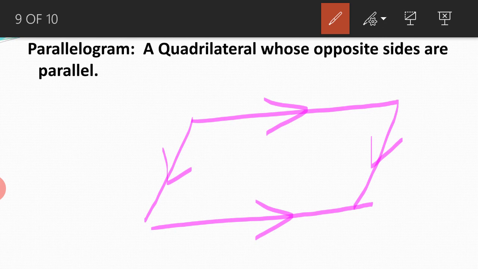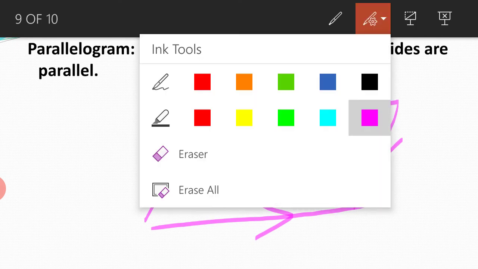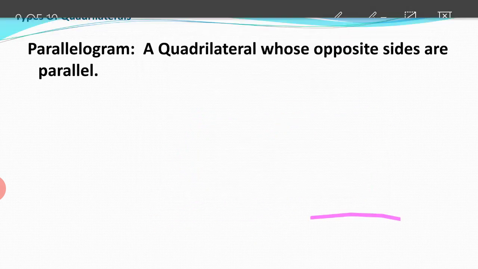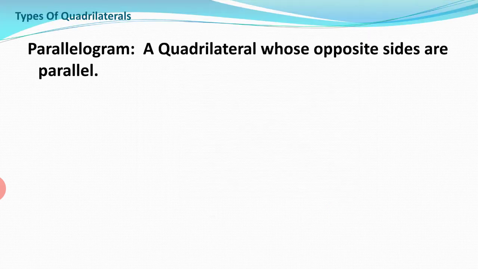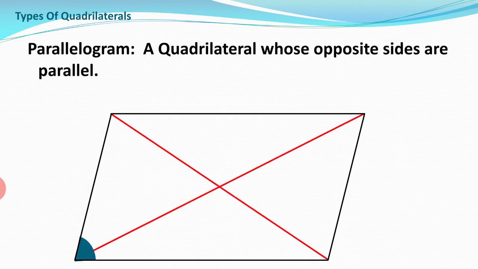Now what happens when the lines become parallel? Let us first draw the figure and then understand. Now we draw a parallelogram. First we draw the diagonals. Then we name it.